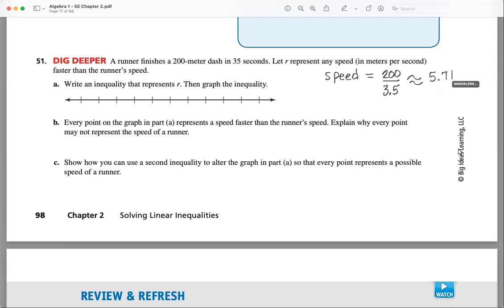Okay, and we say that it's going to be faster than the runner speed. Okay, so let's hope this works well because my pen is acting a little funny.